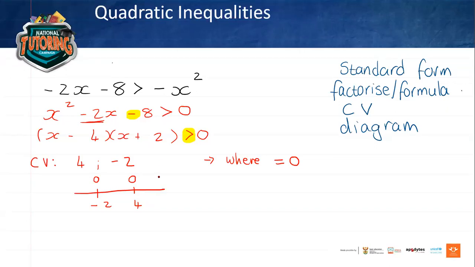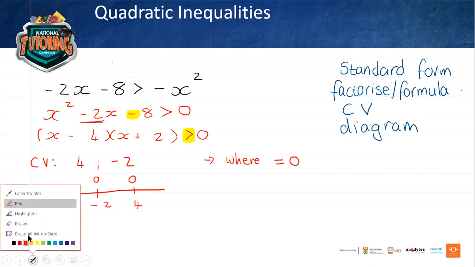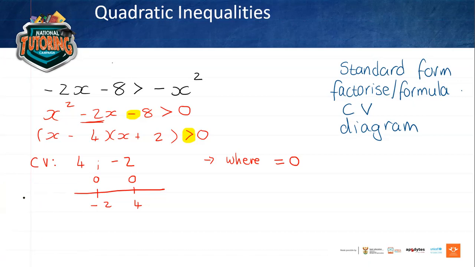So if you type in any value on this side of your equation, so any value less than -2, let's try with an x equal to -3. I'm going to do it in a different color because this you wouldn't write out. But if x is equal to -3 and we put it back into our expression at that stage, we need to see whether the answer gives us a negative or a positive value.